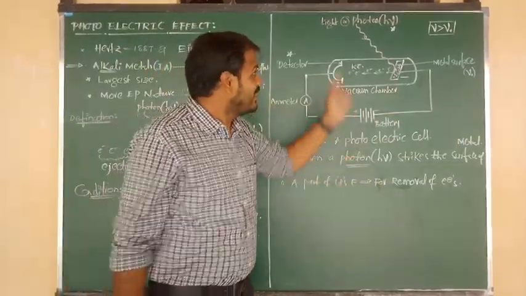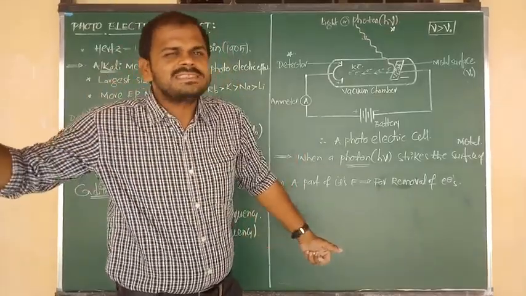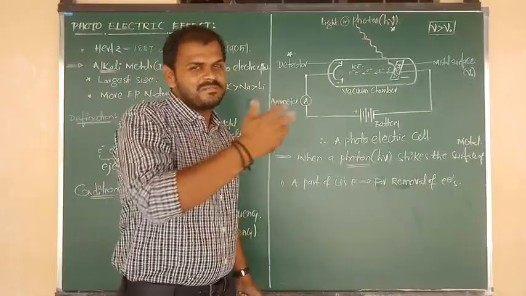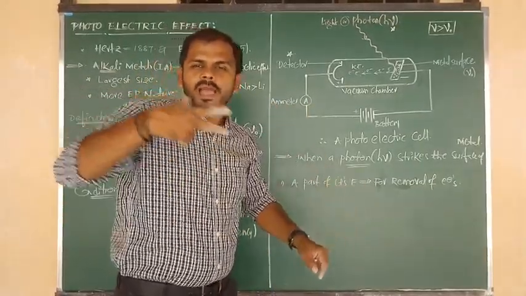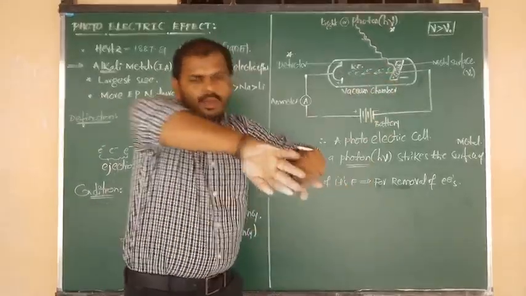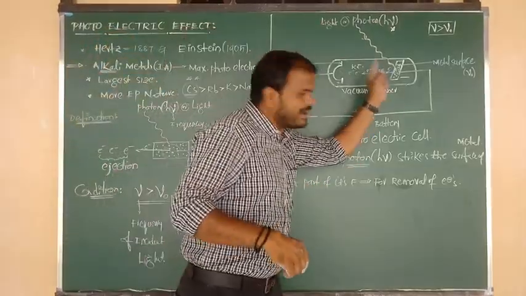That means inside the metal, we have to imagine that some work function was involved, because from that metal we are removing electron. Means we are overcoming the forces between electron and nucleus. That means we are doing some work function in that metal.